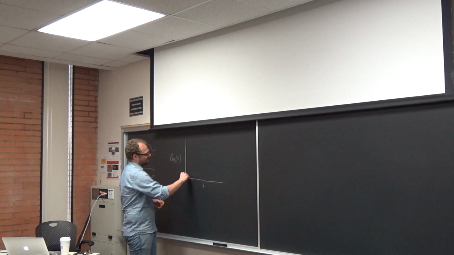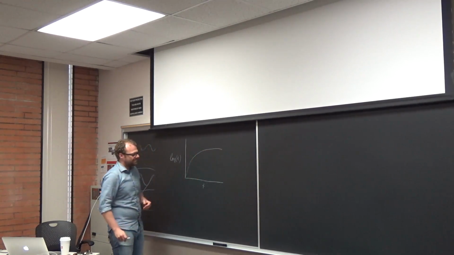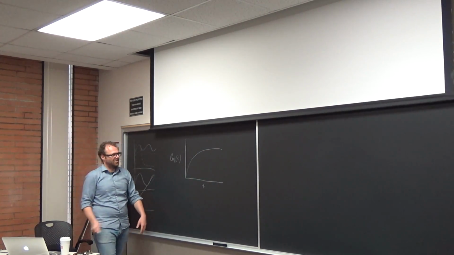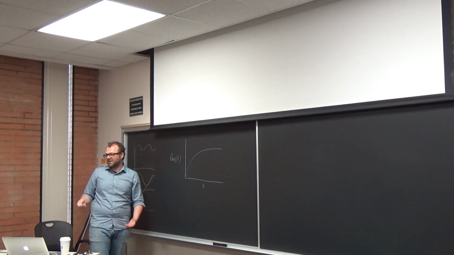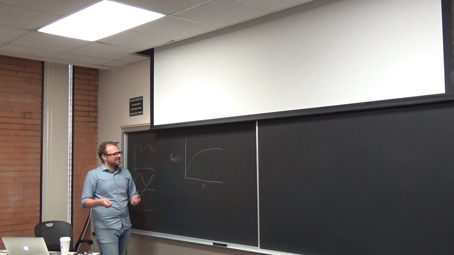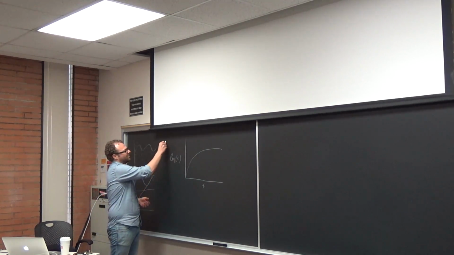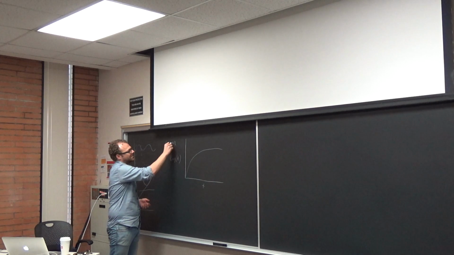How does that look? Well, log of t looks something like this, right? And then it saturates at some point, but it goes up and up and up. And he did that because the evaluation criterion was just correlation, okay?